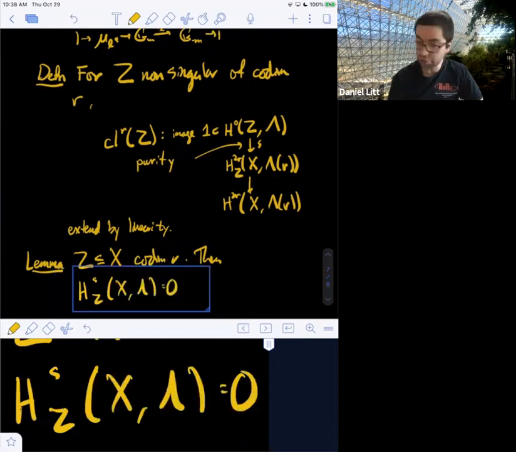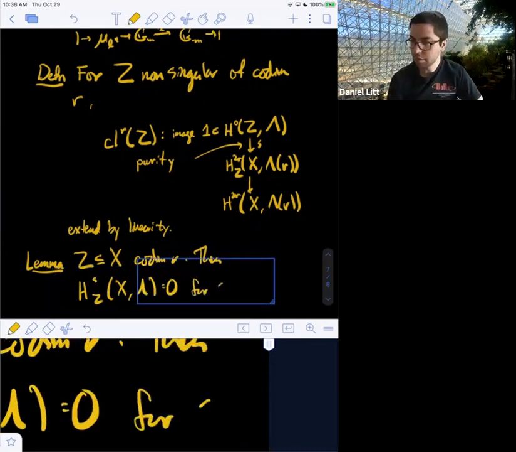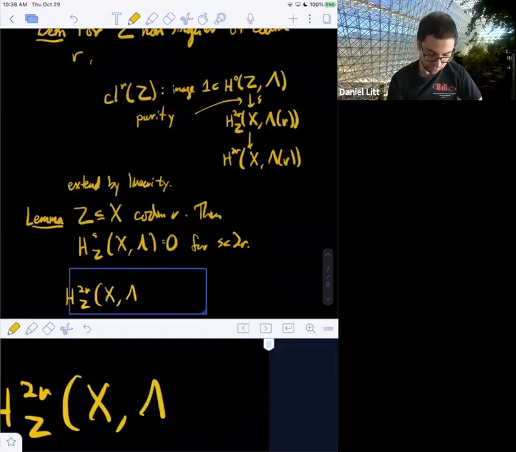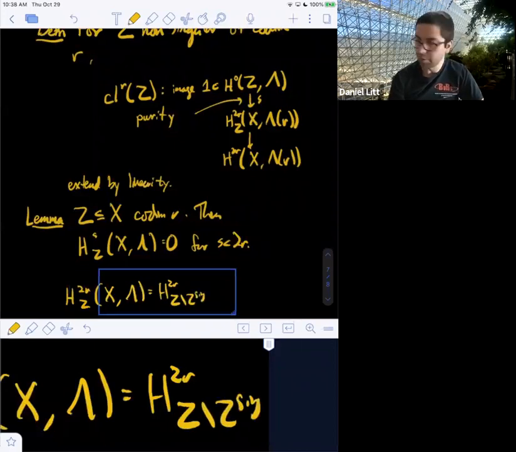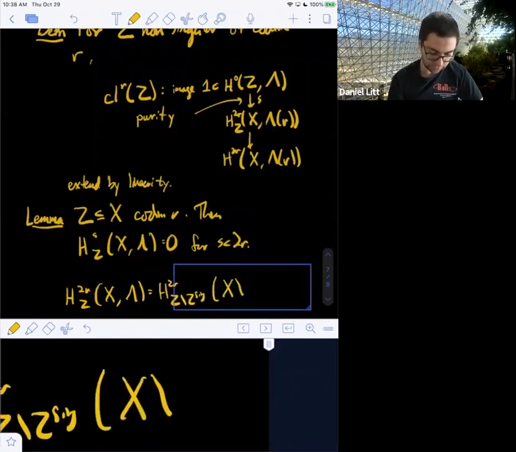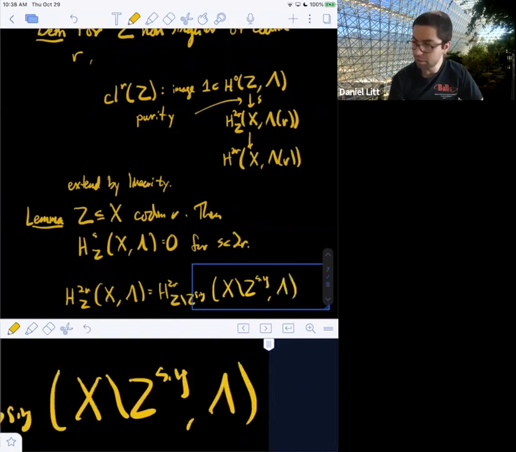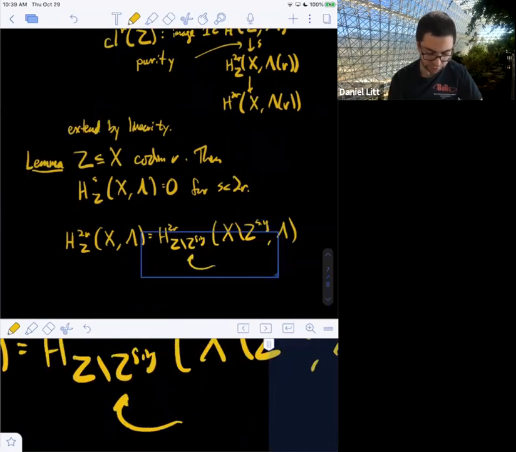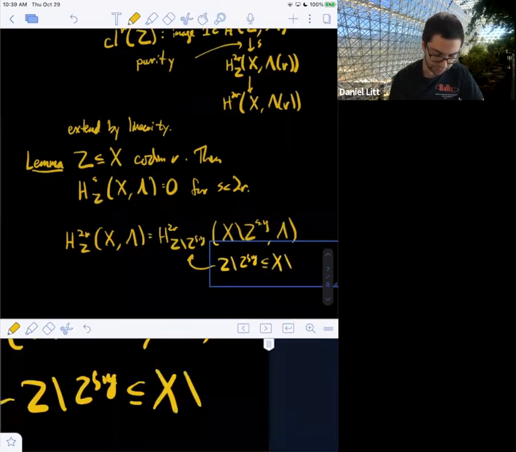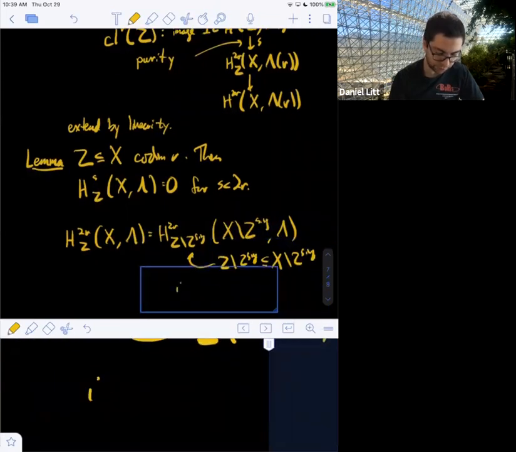And moreover, in degree 2R, the cohomology with supports on Z of lambda is the same as the cohomology with supports on Z minus its singular locus, of X minus the singular locus of Z, with coefficients in lambda. Okay, and now here, Z minus Z sing inside of X minus Z sing is a smooth pair.